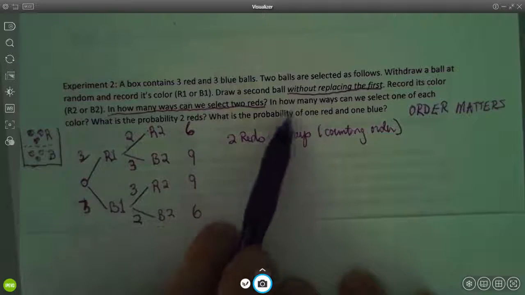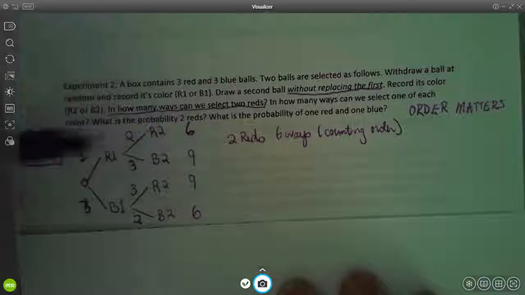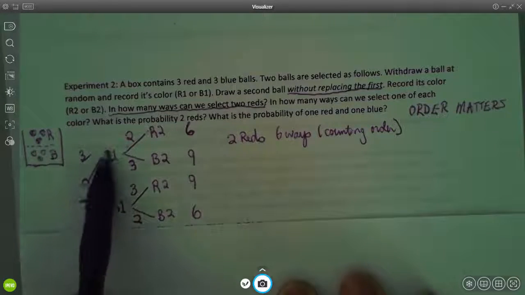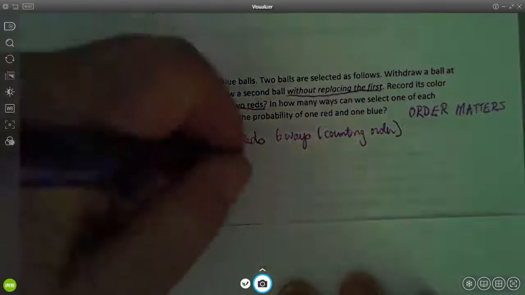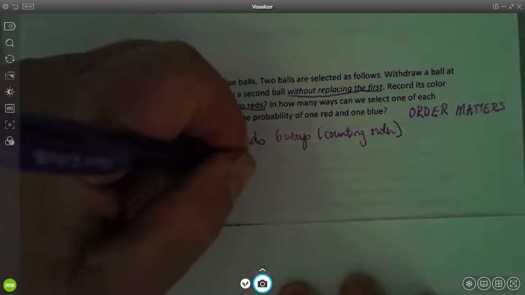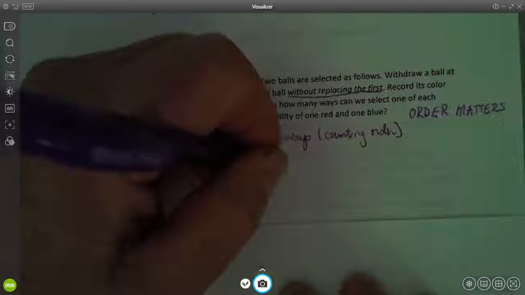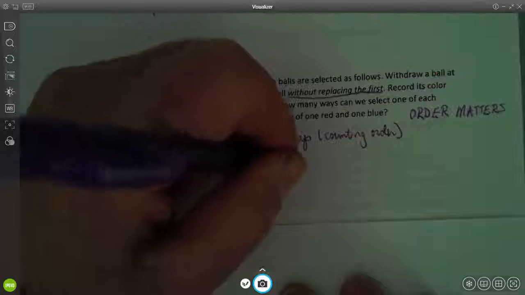if we're counting order. In how many ways can we select one of each color? Well, one of each color would mean that we take one of these 2 paths, a red followed by a blue. So one of each color is the same as 1 red and 1 blue.